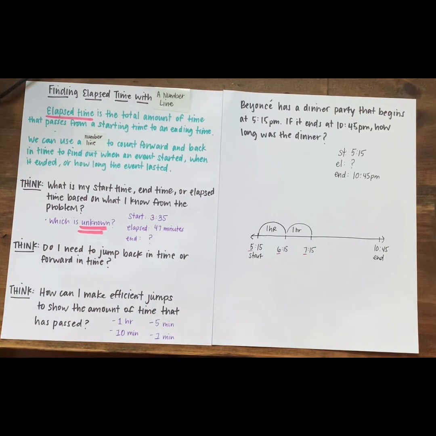That's another reason why making jumps of 1 hour first is easy. How many jumps of 1 hour could we make and why? Say your answers out loud. I heard you say that you made 5-hour jumps to get from 5:15 to 10:15.